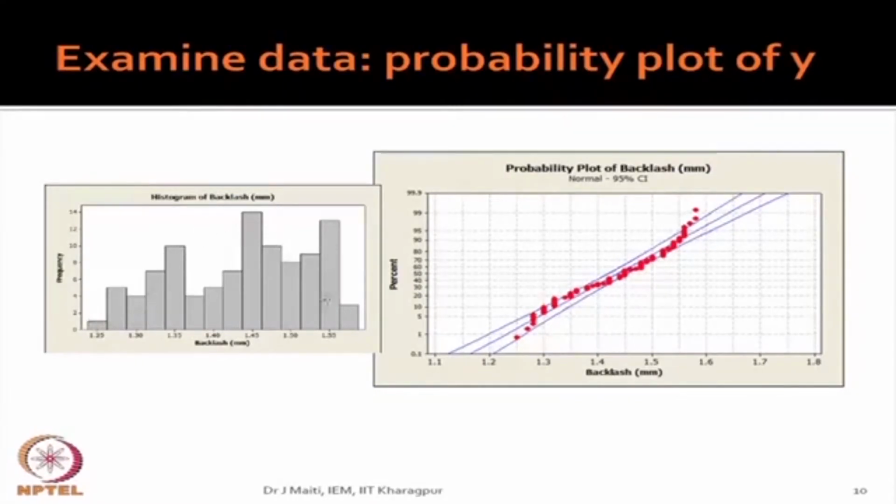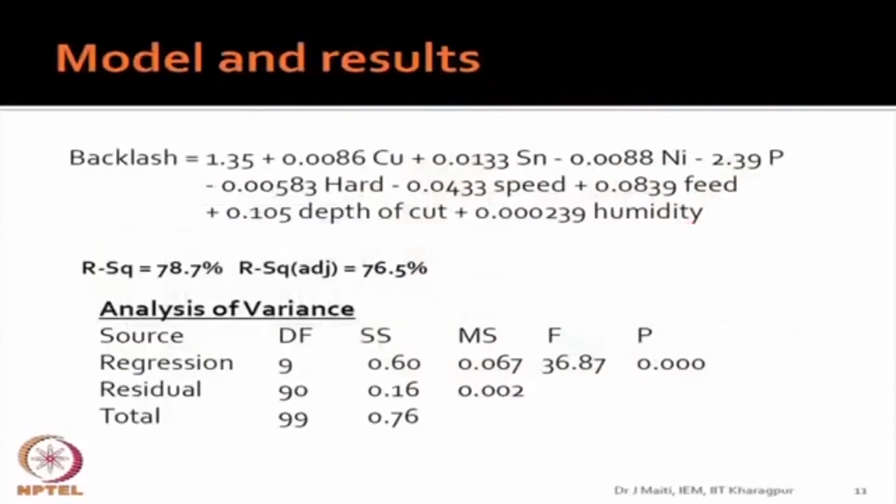If you see the histogram of backlash, it is not perfectly normal. You cannot say it is 100% normal, but there is a little departure from normality, and in the probability plot also, there are certain points outside the confidence band. So, it is not 100% normal, but the departure is not so much that we should be worried at this point in time. We can think about those departures after model diagnostics.